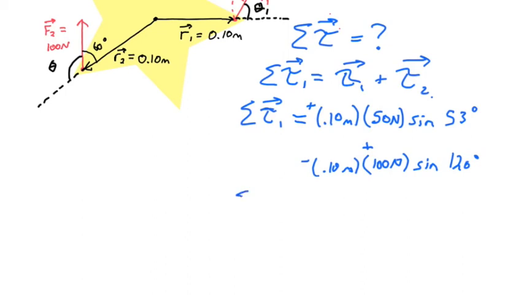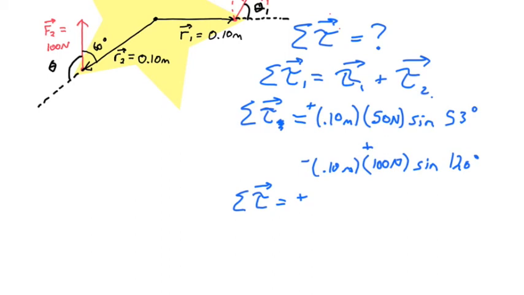All right, so our net torque then is going to be a positive, let's see, 0.1 times 50 newtons is going to give us 5 newton meters times the sine of 53 degrees. 53 degrees, remember, is one of those ones that shows up on your green sheet, so we'll just use that approximation.